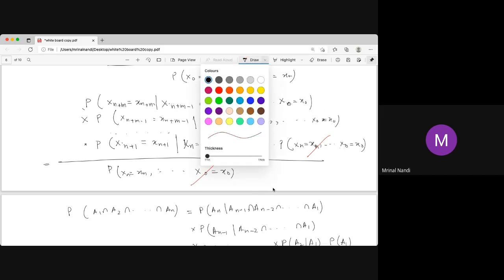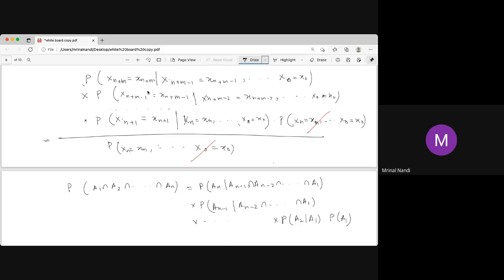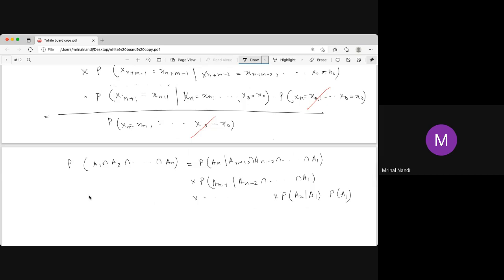Now what is this probability? This is clear, because by the Markov chain, the probability of X_{n+m} equals x_{n+m} given the previous is nothing but the probability of X_{n+m} equals x_{n+m} given just the immediately previous one.